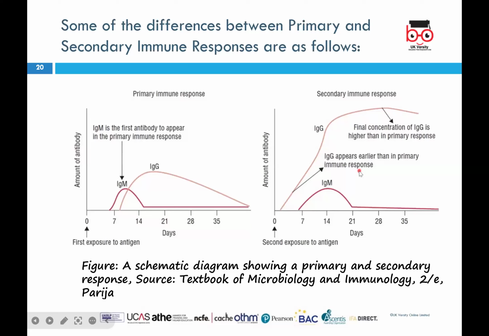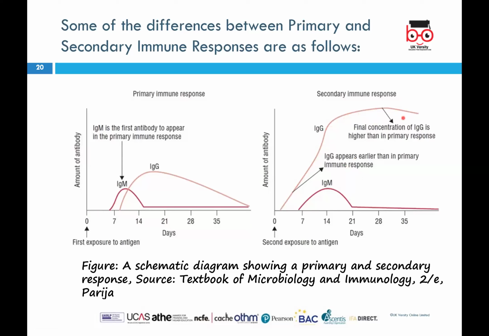So if the first time that you're attacked by an antigen or a virus, you will have IgM. Whereas if this is the second time you've been attacked, you will now have the IgG. And you see the peak that IgG goes to. It's tremendous. So this is amazing for the secondary response.